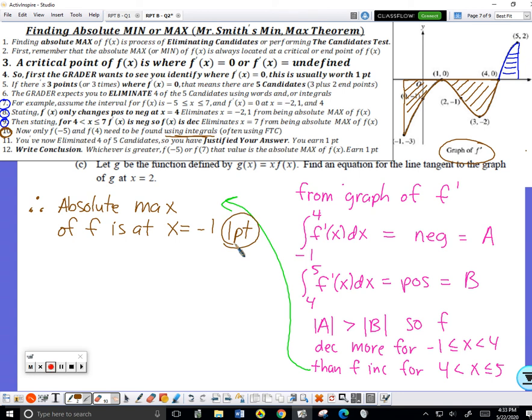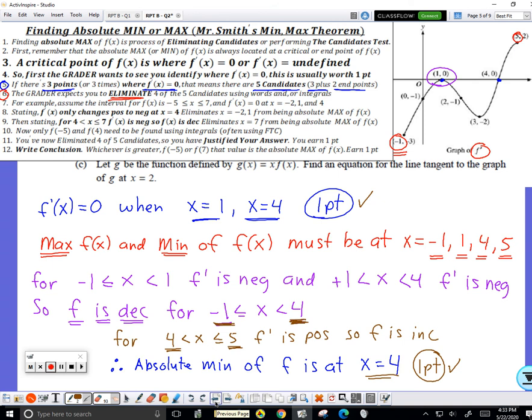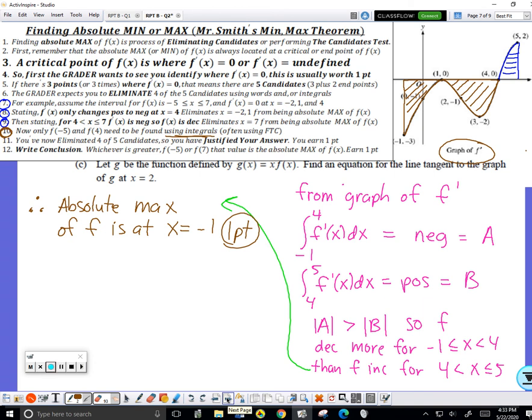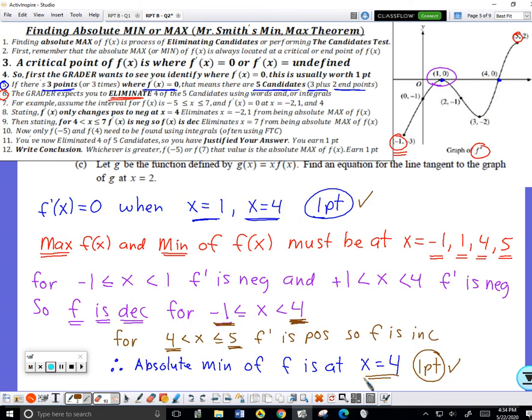So as always in our min-max problem, the justification is the stuff that takes the most work. If you found the two values correctly, they will give you a point for finding them. So if you find this without justification, they'll still give you the point. If you find this one without justification, they'll still give you the point. The words you would have to have, you don't need the red one.